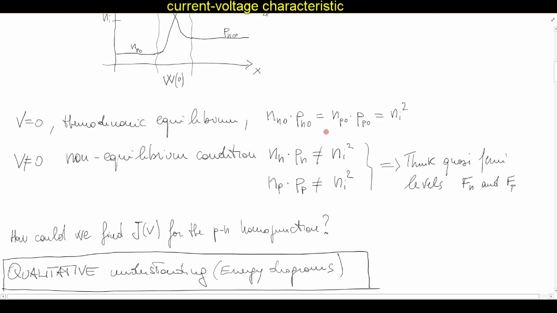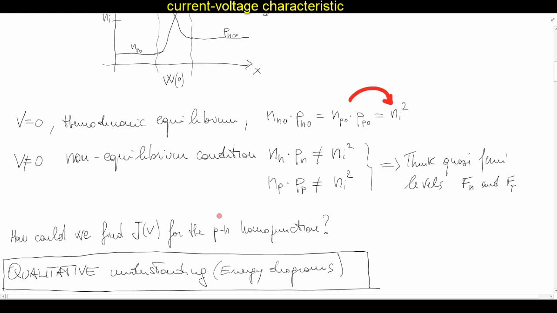So just still for a moment on this. So at thermodynamic equilibrium, what we know is that thermodynamic equilibrium for us means Nn0 times Pn0 equal Ni squared, for the N semiconductor, or equivalently Np0 times Pp0 also equal Ni squared.